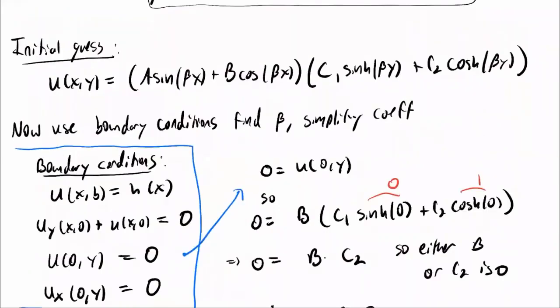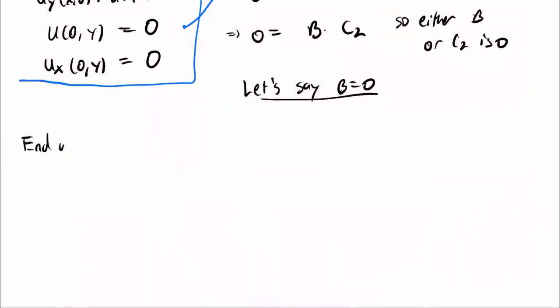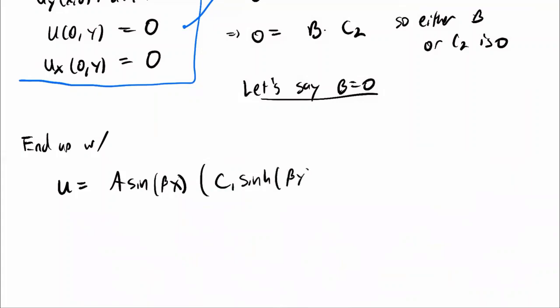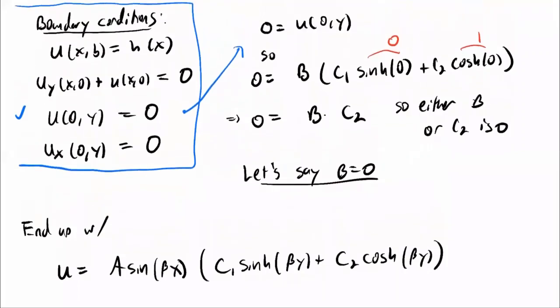That means the cosine term drops out, and so u is given by a times sine of beta x, excuse me, times c1 hyperbolic sine of beta y plus c2 hyperbolic cosine of beta y. This is our slightly simplified solution, and now we've used the first boundary condition corresponding to when x is equal to 0 on the bottom of the rectangle.